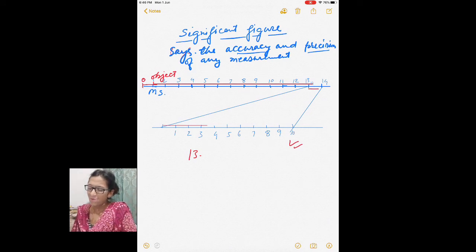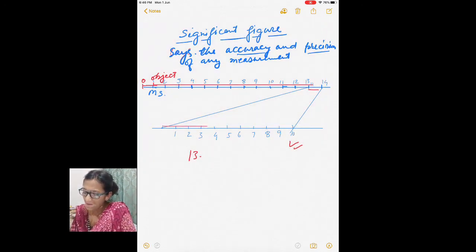So if you are looking from some side, though I have magnified this one and I have made this distance very large, it used to be very small. A millimeter distance is small.